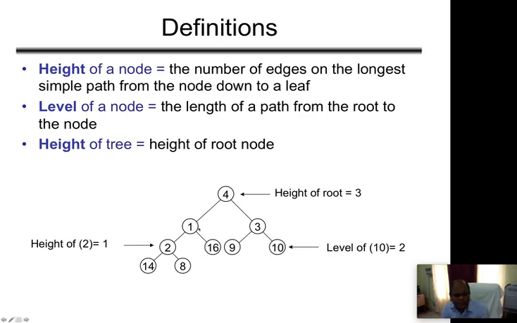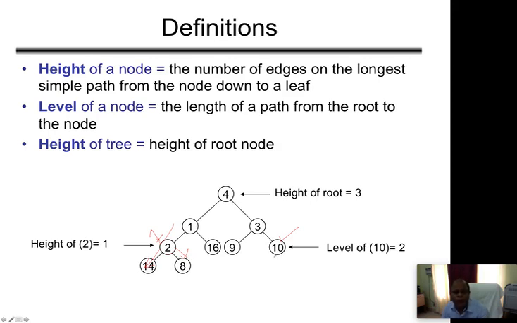See, in this case, the height of this node is the longest path to reach the leaf. To reach the leaf, it has to travel one path. Hence, the height of this node is 1. Now, the height of this node is 0, because it is already a leaf. The height of a leaf node is 0.